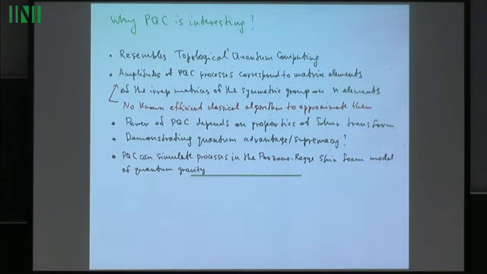So why do people actually care about PQC? It's a pretty strange model to think about. First of all, it does resemble topological quantum computing without the added difficulties of directionality. And another thing, remarked by Stephen Jordan, was that the amplitudes of PQC processes correspond to matrix elements of some irreps matrices of the symmetric group on n elements.